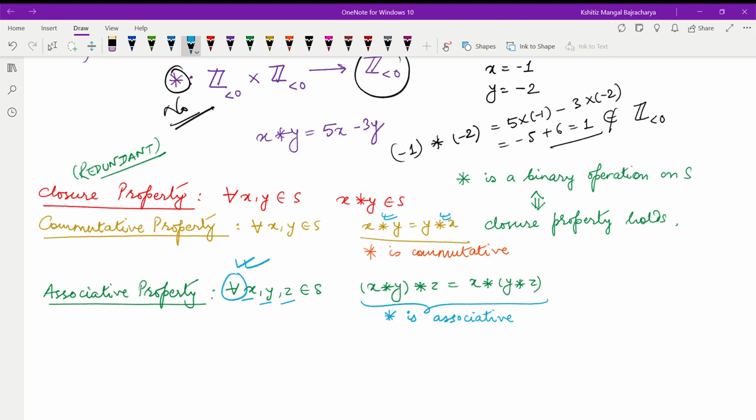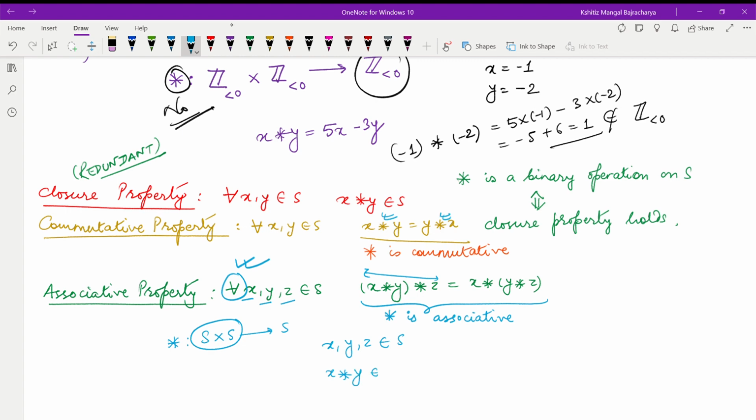Now this expression makes quite a lot of sense. But how does this make sense? Let's see. Star is defined for the elements of S cross S. We're taking x, y, z to be in S. Since this is a binary operation, it is characterized by the closure property.